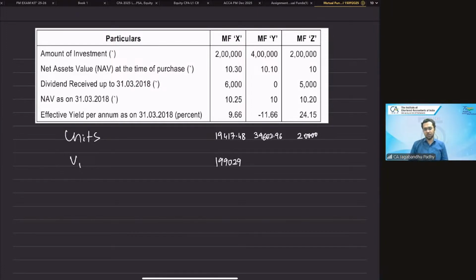Okay. Mutual fund Y, this will be units into NAV1. 3,96,039.6, or let me make it 40. Then for Z, 2,04,000.